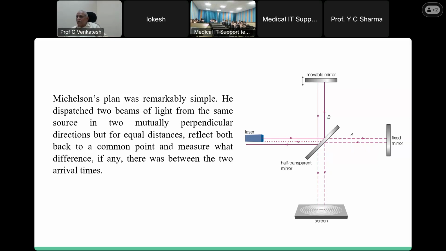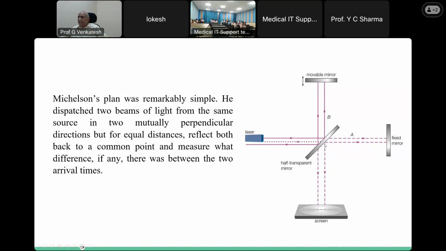And this is what Michelson and Morley were interested in. So they sent a signal from a source onto a semi-polished mirror. One beam was reflected to a mirror in the perpendicular direction and the other along the direction of the Earth's motion.